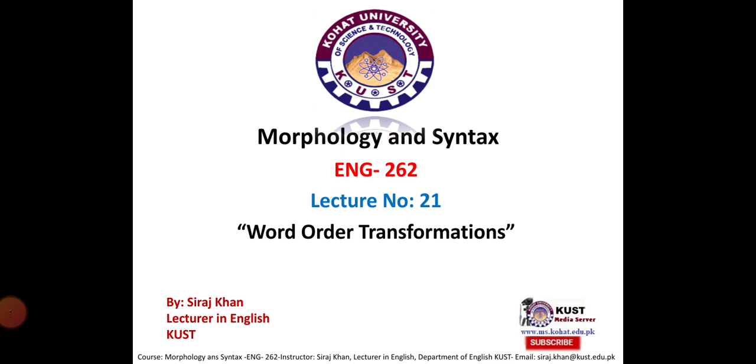Today we are talking about word order transformations. Word order refers to the way words are arranged in a sentence. The standard word order in English is subject, verb, and object.